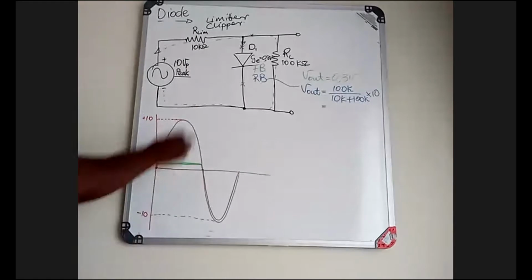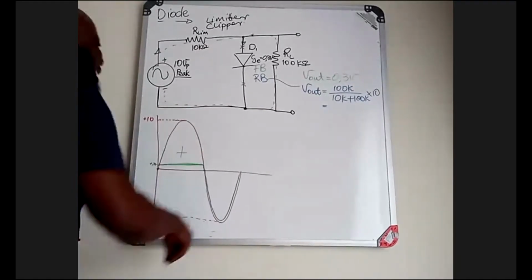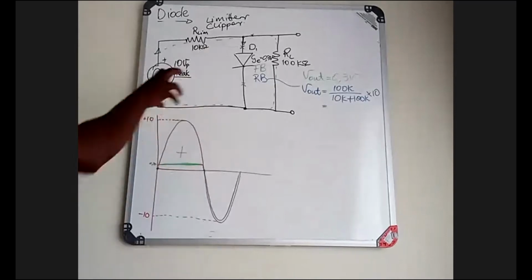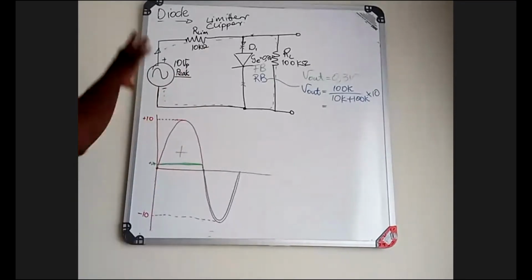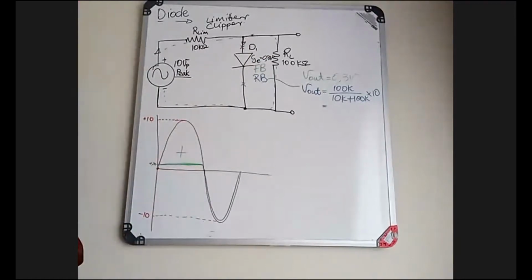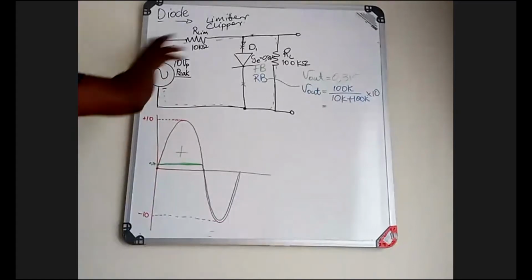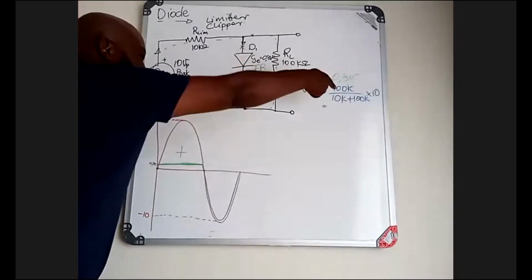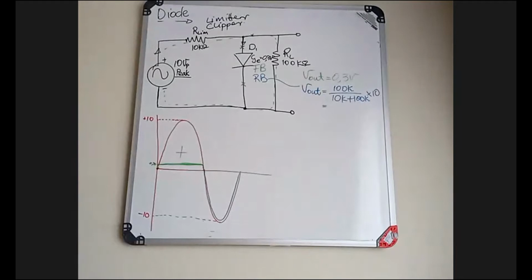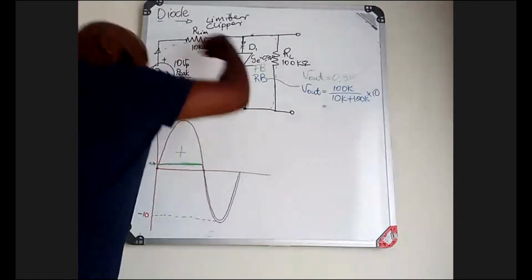This simply means that during the cycle where this diode has switched off, it allows the output to be a replica of the input.